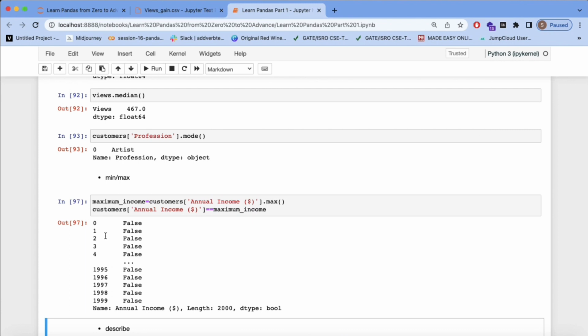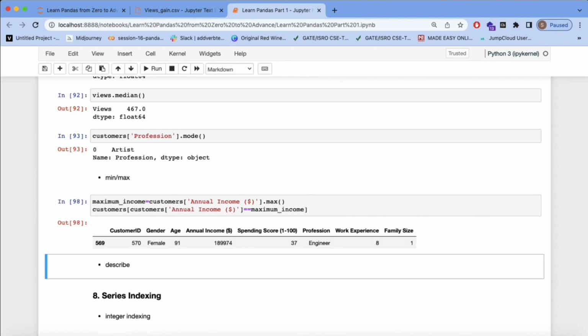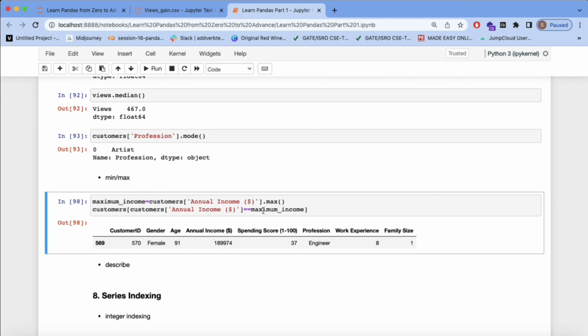It means these are the customers who don't have the maximum annual income. But I want to know whose annual income is the maximum. For finding that, you put customers with square brackets, and when you put it, you will see the customer ID 570, who is female, age 91, whose annual income is this much, meaning the highest annual income.